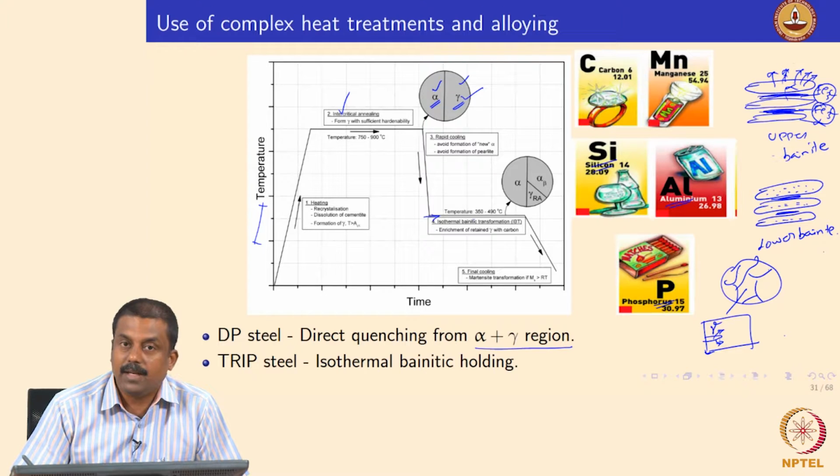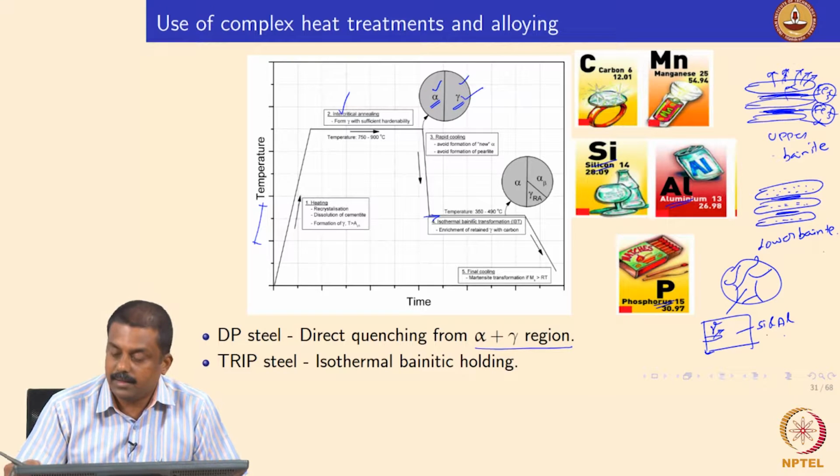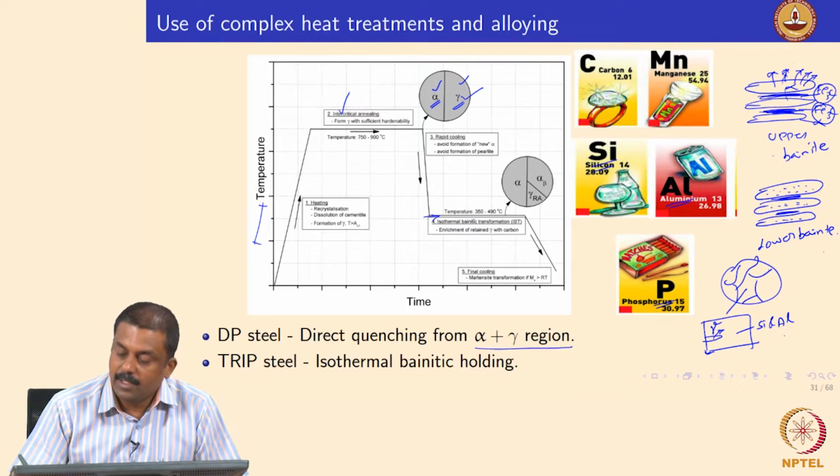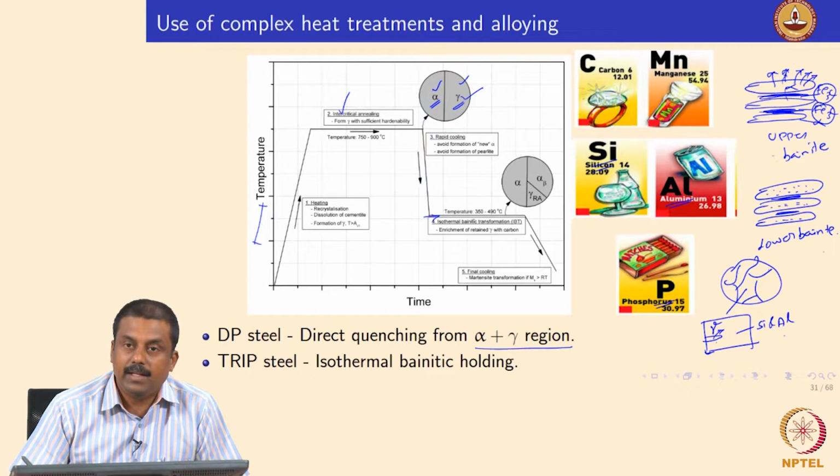In a conventional bainite, what will happen? The moment the carbon atoms go and segregate, you form a cementite lath in between two ferrite laths. Now, this austenite contains silicon and or aluminum. The moment you have silicon and aluminum in solid solution in austenite, the nucleation of cementite is extremely suppressed.